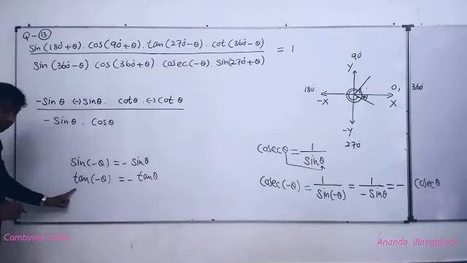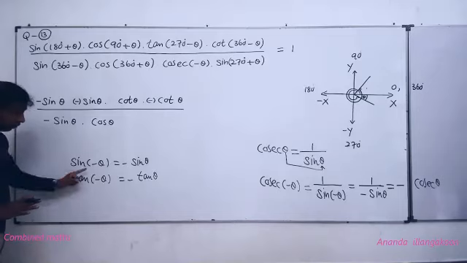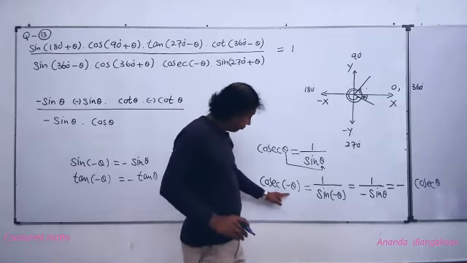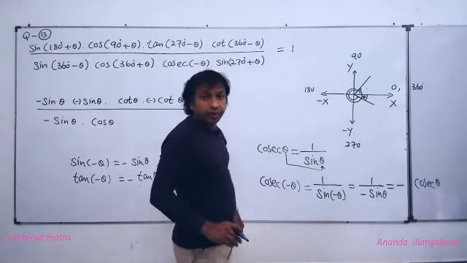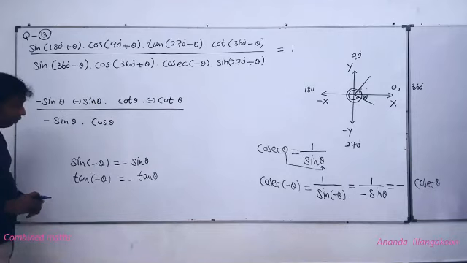But if you have cos minus theta, can you take the minus sign out? No. So when we have sine and tan, this minus sign we can take out. Now, according to this proof, again, we can extend this idea not only for these two, but for cosec and cot both.